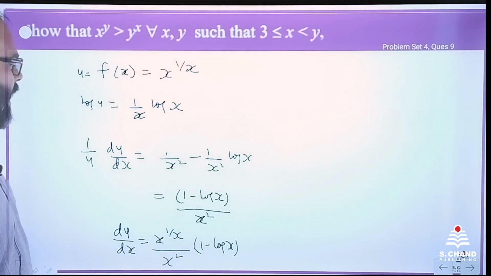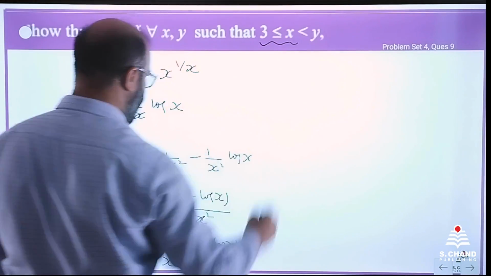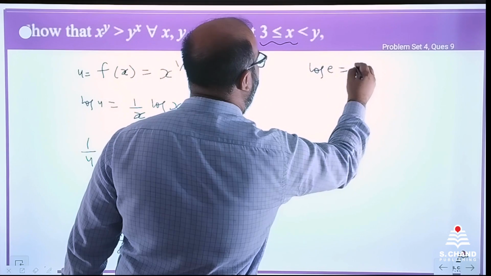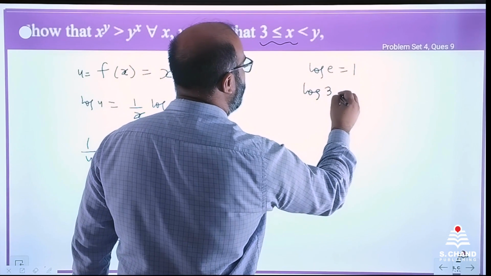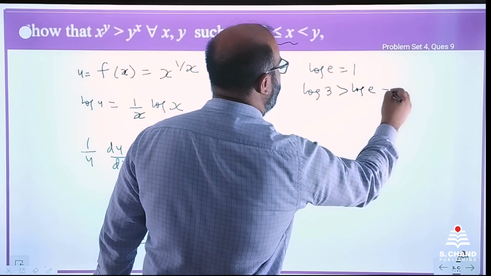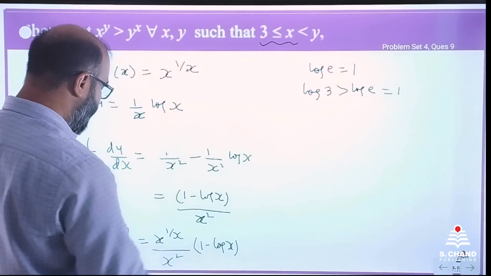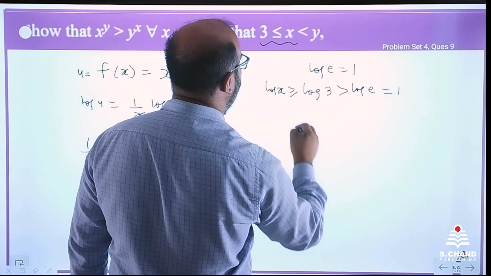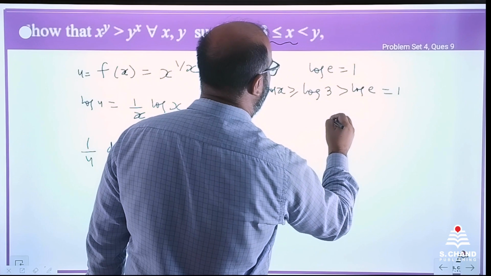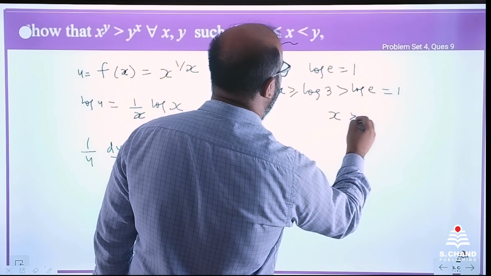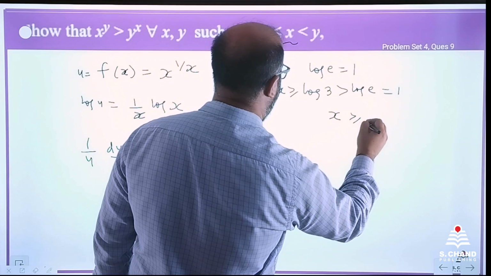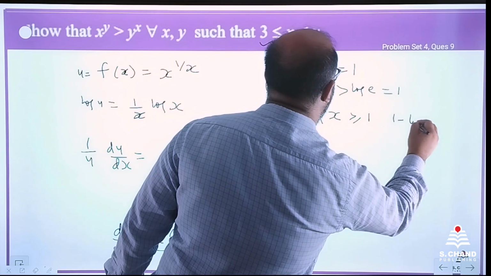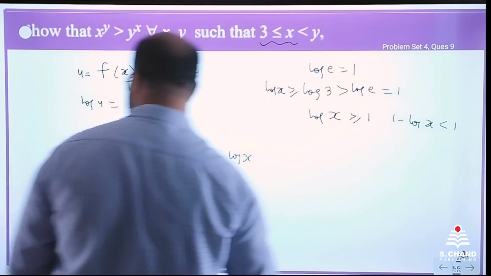Now we have x greater than or equal to 3. We know that log of e is equal to 1, and log of 3 is actually greater than log of e, so it is greater than 1. So we can say that log x is greater than or equal to log 3, and so log x is greater than 1, which means 1 minus log x is less than 0.